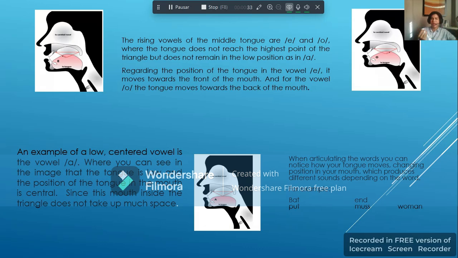Like in the examples, I can say bat, pot, ant, mouse, woman. If you see me, my lips and my mouth are changing position. My position when I say bat is not the same as when I say pot, and this is very important to understand the pronunciation. You need to move the muscles of your face.